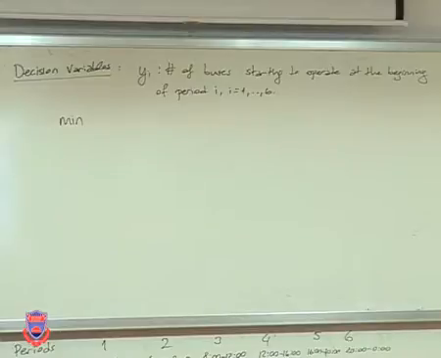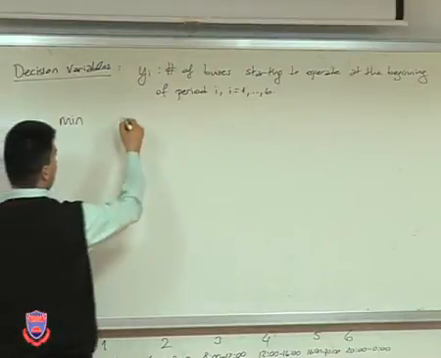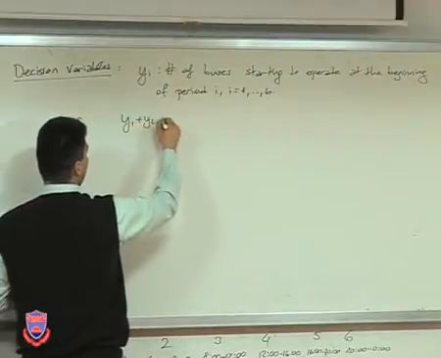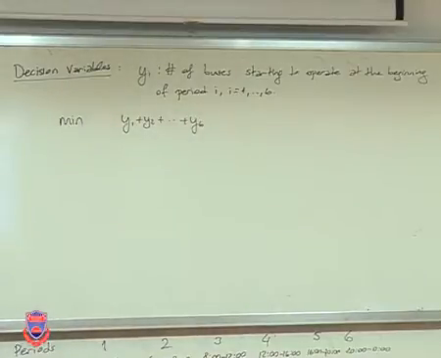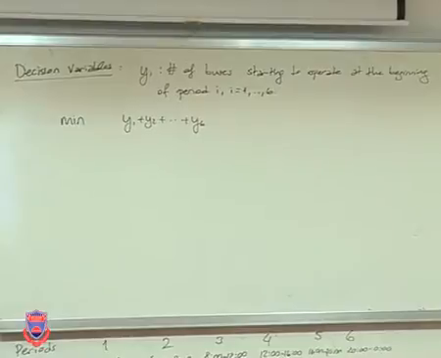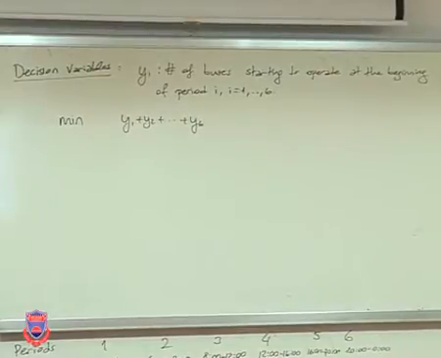Just like we did earlier, we can minimize the sum of y1 plus y2 plus all the way up to y6. So the total number of buses I'm going to use will be equal to the number of buses that start to operate in the first period plus the number that start to operate in the second period, and so on and so forth.